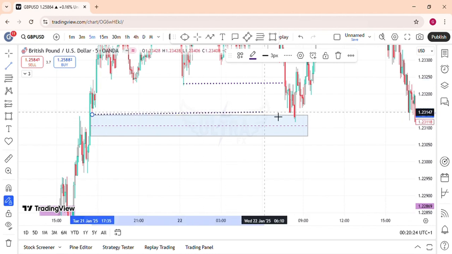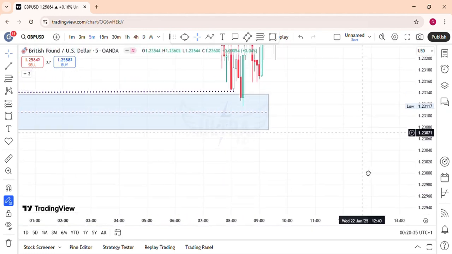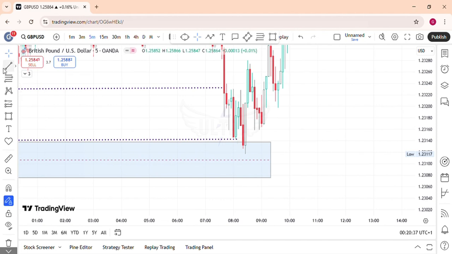These are liquidity. This is also liquidity here, and this is also liquidity here. Let me highlight it for you. So you can see this is also liquidity here.